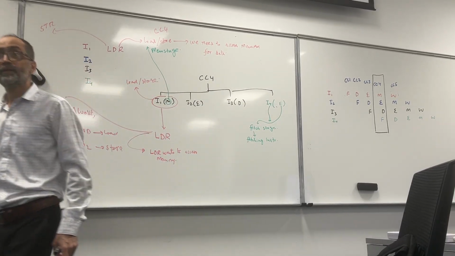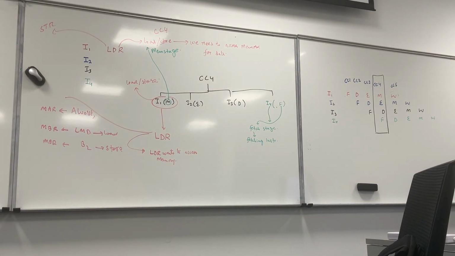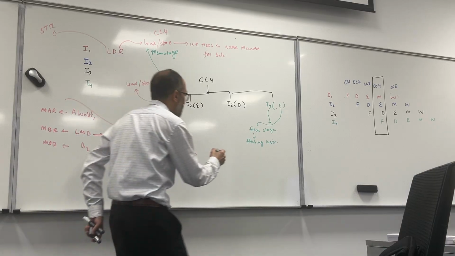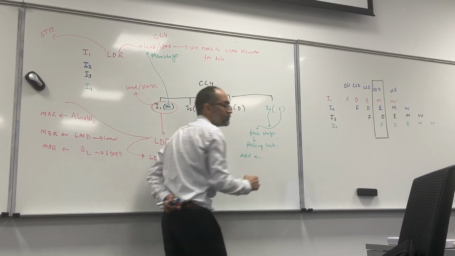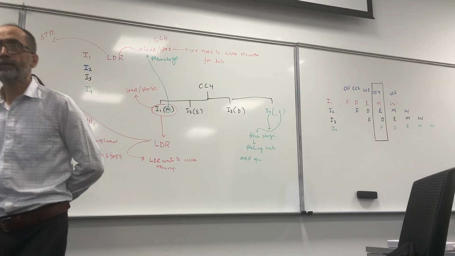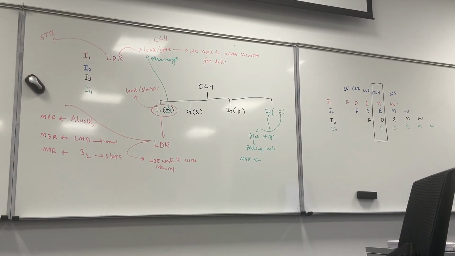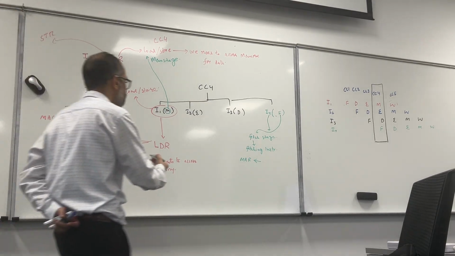When we are fetching an instruction, we need to access main memory. So what will be the value of MAR? Help me. Whenever we are fetching instructions, we need an MAR. What will be the value of MAR? PC, program counter.